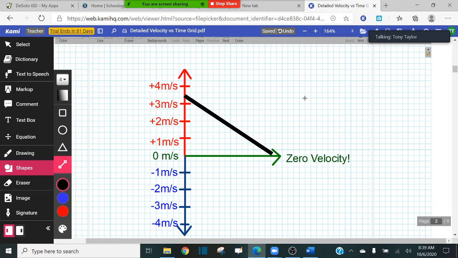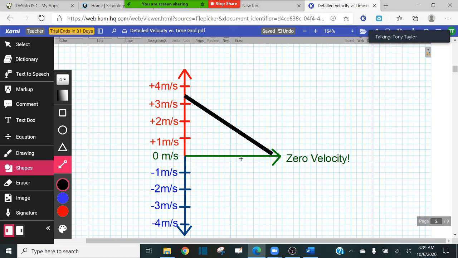How do I know this object is moving in the positive direction? Because notice I drew the line on the top half of my graph. If I drew this same line on the bottom half of my graph, that would indicate an object moving in the negative direction. But if it's on the top half, that indicates an object moving in the positive direction. So here we're moving in the positive direction. And how do I know I'm slowing down? Well, remember, I said if your line approaches zero with time, that means the object is slowing down.